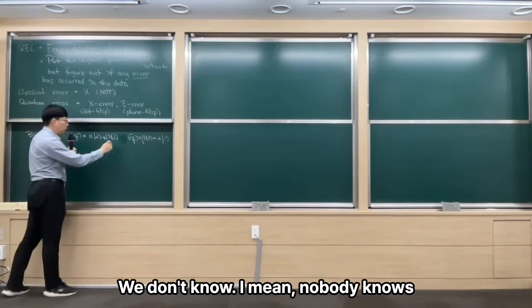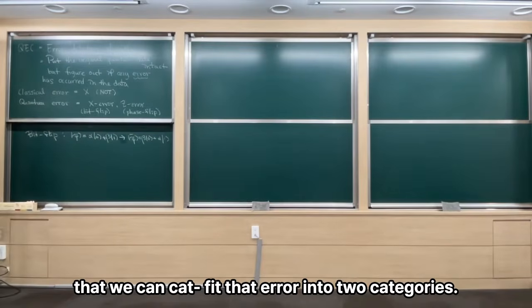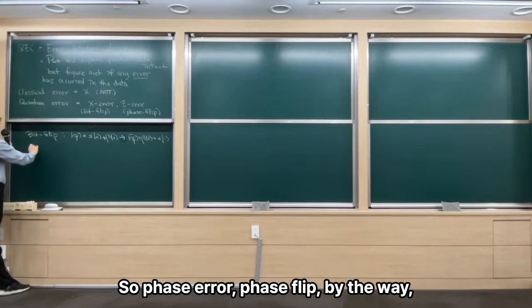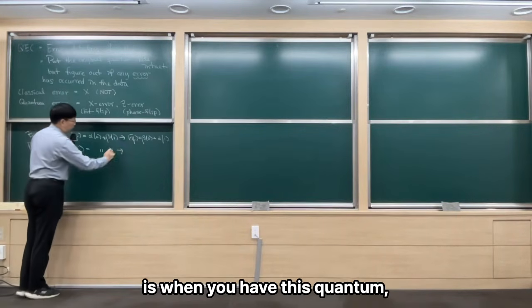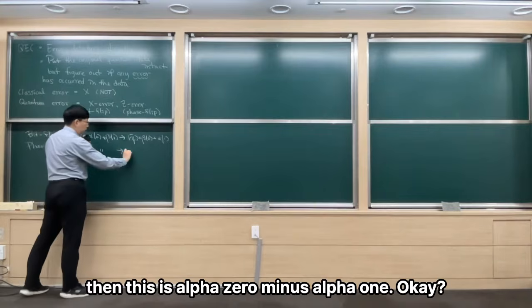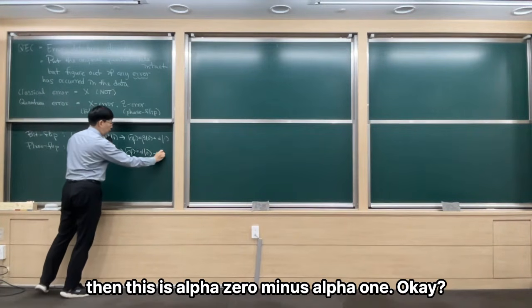Nobody knows what really happens, but we are hoping we can fit that error into two categories. So phase error, or phase flip, by the way, is when you have this quantum state, alpha 0 minus beta 1.